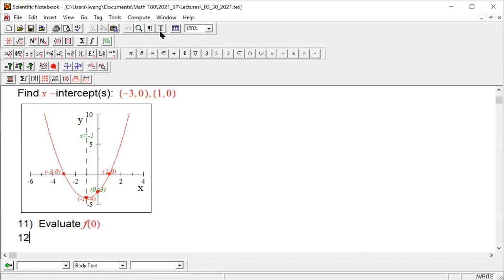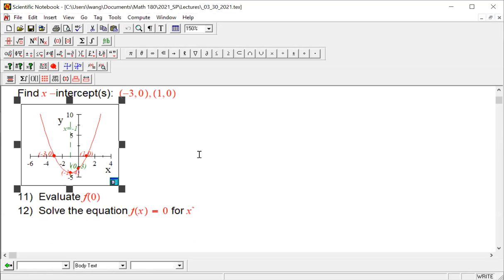We're going to do a comparative study with 11 and 12. 12 says solve the equation f of x = 0 for x. These are the typical questions that bother our students. They couldn't tell the difference. What is the difference between question 11 and 12?